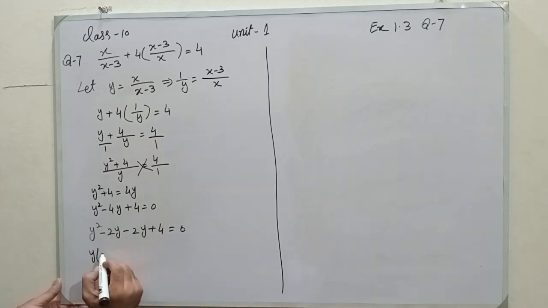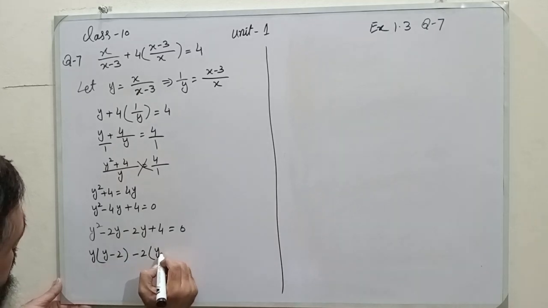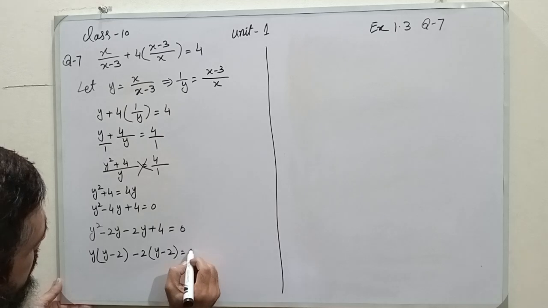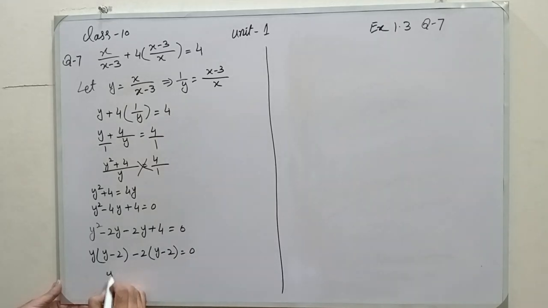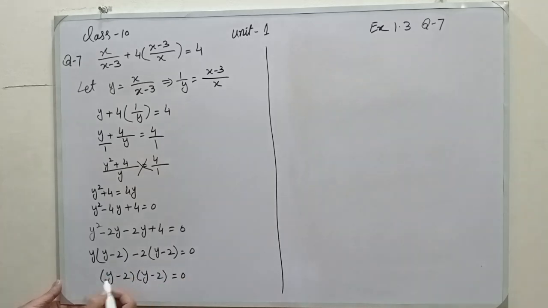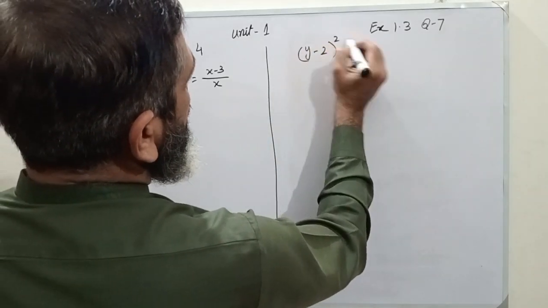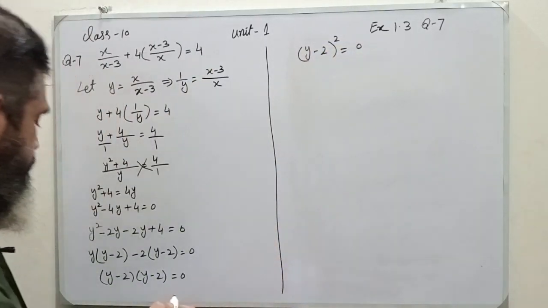We'll take the common here, y minus 2 common here, y minus 2 is equal to 0. Here y minus 2 into y minus 2 is equal to 0. We can also write it as y minus 2 whole square is equal to 0.